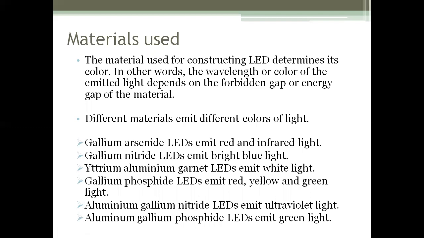So depending upon the material chosen for the fabrication of LEDs, the output will change. If you want different wavelengths or different colors of light to be emitted from an LED, we should choose materials with a different forbidden gap or energy gap for the fabrication.